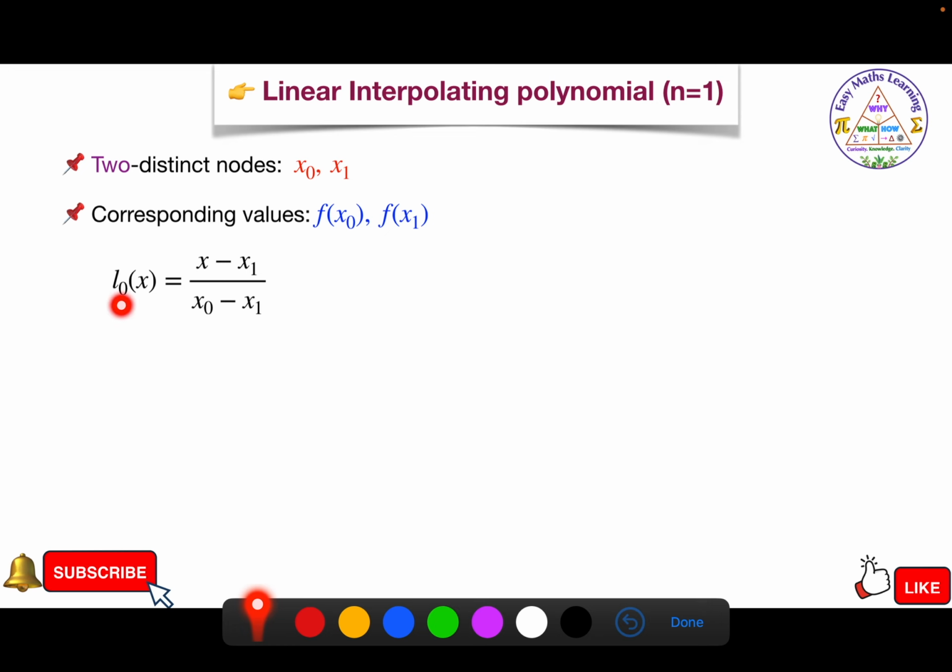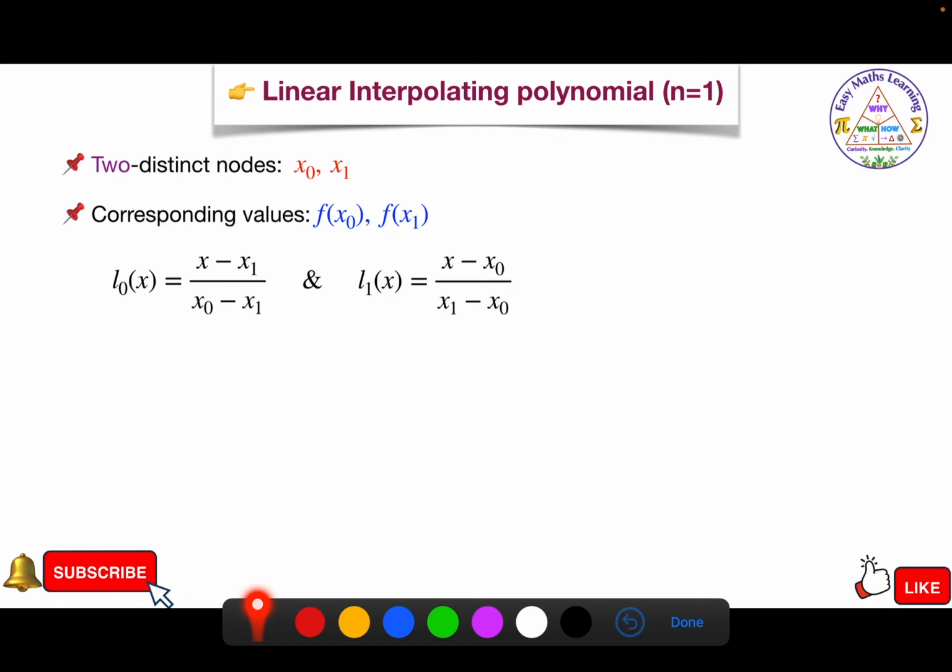The first basic polynomial L0(x) is x minus x1 divided by x0 minus x1. And the second one is L1(x), which is x minus x0 divided by x1 minus x0. Here you can see L0(x) becomes 1 when x equals x0, and L0 becomes 0 when x equals x1. Similarly, L1(x) becomes 1 when x equals x1, and it is 0 when x equals x0.